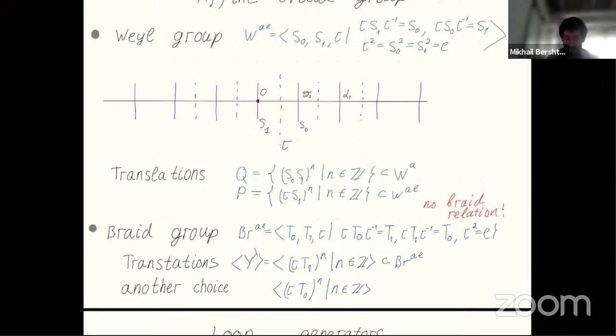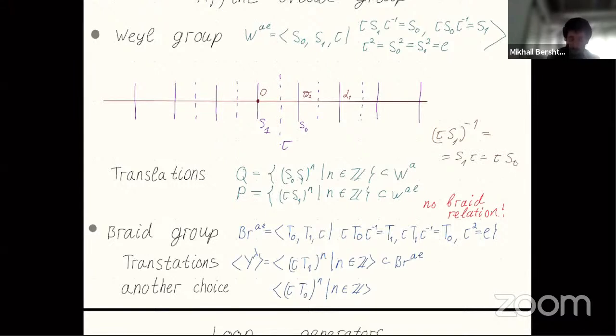For example, for the finite dimensional case, versus the braid group case. If we take tau as one inverse, then it's equal to S1 tau or equal to tau S0.